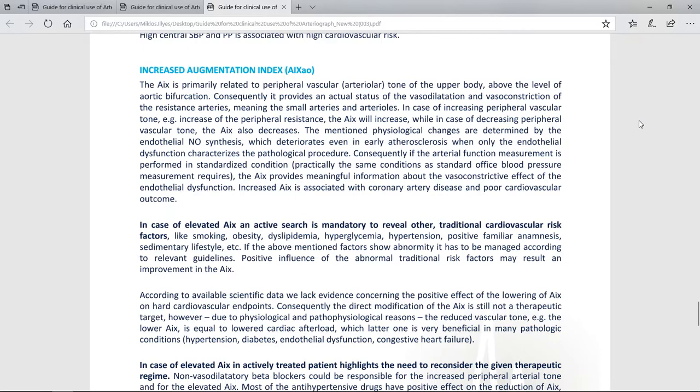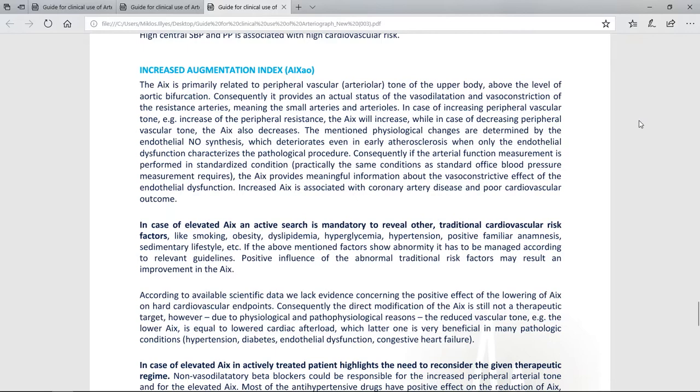We call this phenomenon endothelial dysfunction, when nitric oxide synthesis is diminished and an increase in peripheral vascular resistance develops. Because the vascular resistance changes basically influence the augmentation index, the standard measurement conditions are very important during arterial stiffness or arterial function measurement with any kind of technology, and also with the arteriograph.